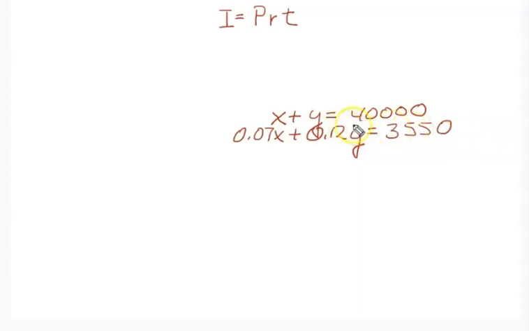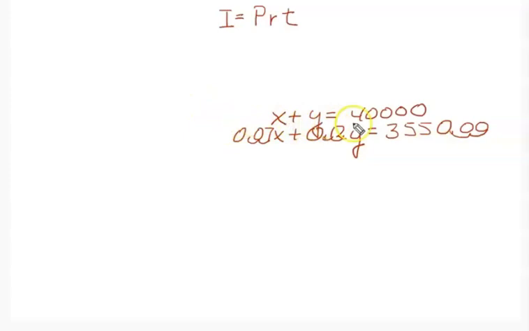We're going to do this one by elimination, just to show you the two methods. So we're going to multiply every term here by 100. I have to add 2 zeros to do that. So this multiplied by 100 becomes 7x, and then multiply this by 100 becomes this.